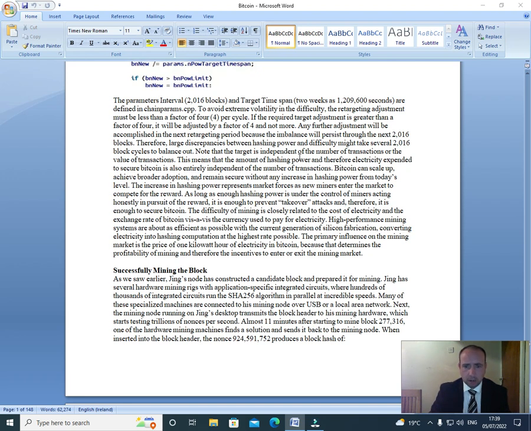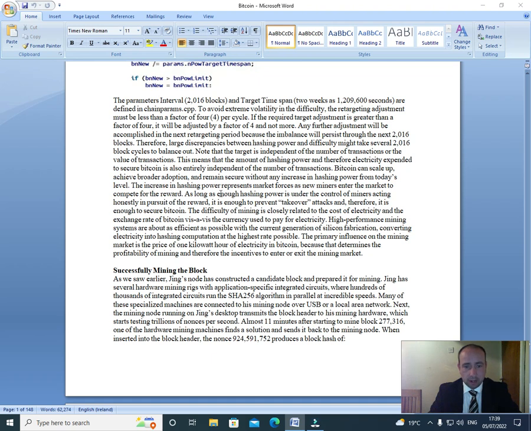Note that the target is independent of the number of transactions or the value of transactions. This means that the amount of hashing power, and therefore electricity, expended to secure Bitcoin is also entirely independent of the number of transactions. Bitcoin can scale up, achieve broader adoption, and remain secure without any increase in hashing power from today's level.